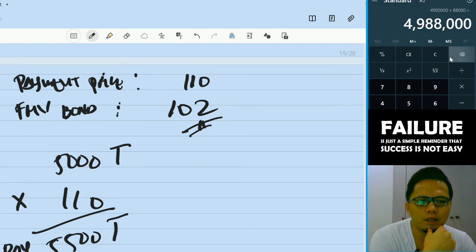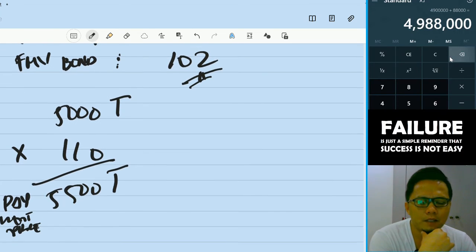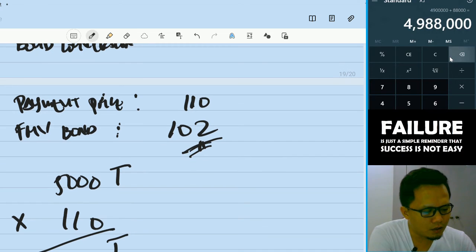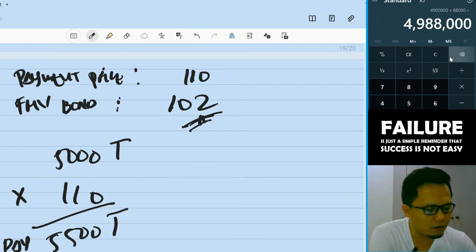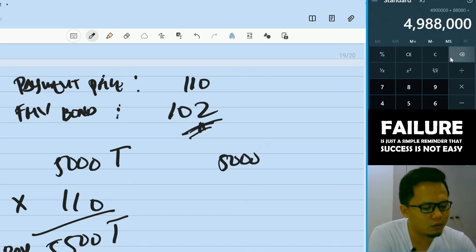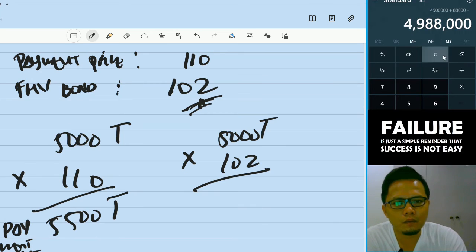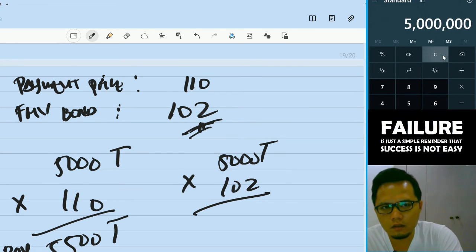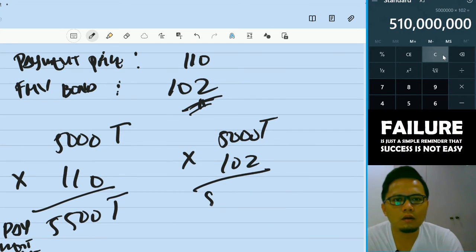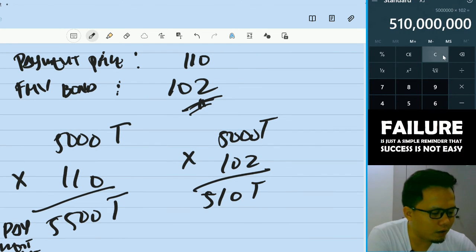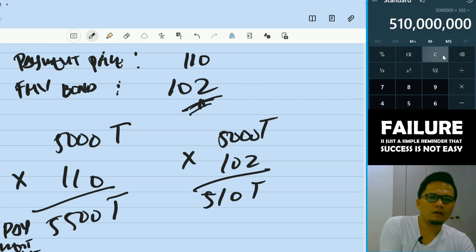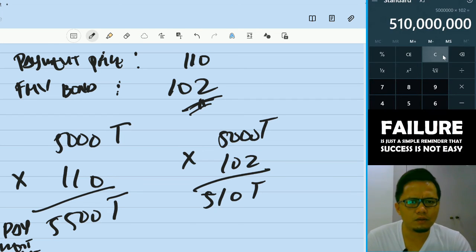Again, if the fair market value is unknown, we will use the present value. So if the fair market value of the bond without the conversion privilege is 102, then 5 million times 102 is 5,100,000.